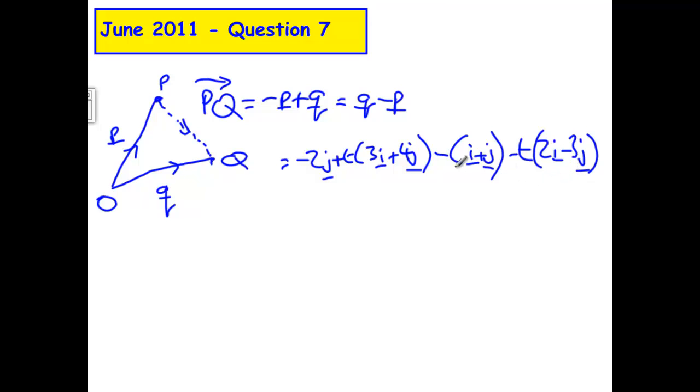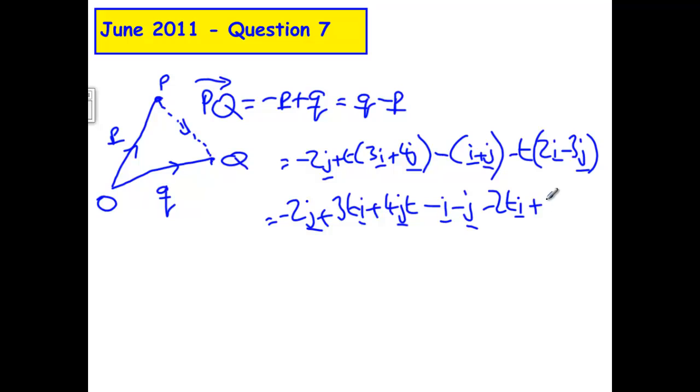Now, if you were to expand and simplify all of this, then you would get minus 2j plus 3ti plus 4jt minus i minus j minus 2ti, and then minus and minus will give me plus 3tj.